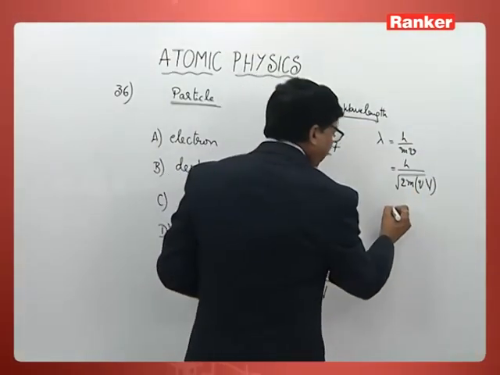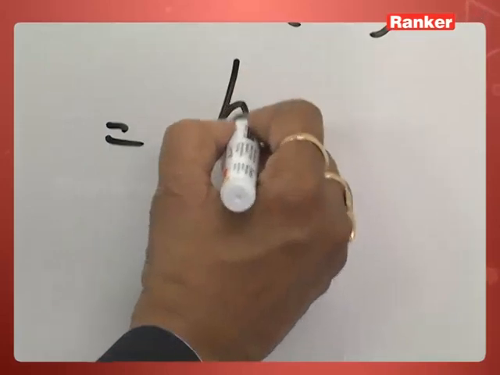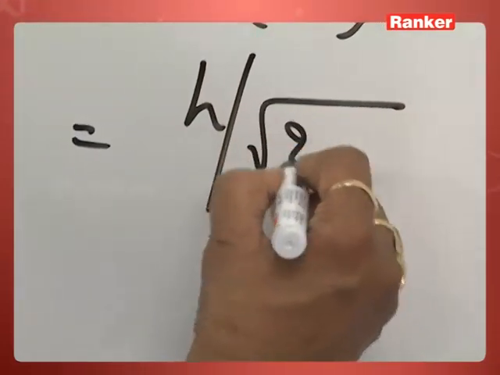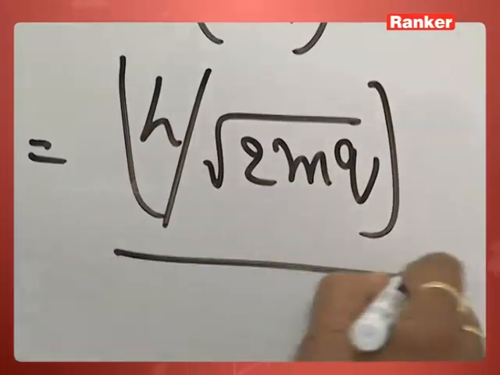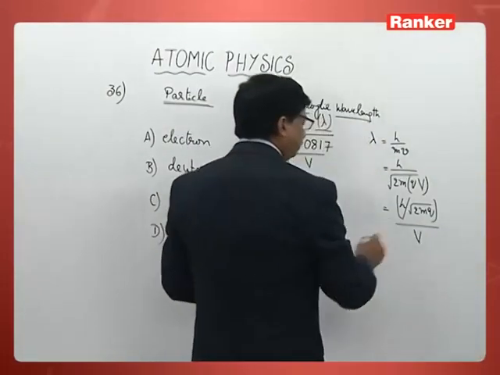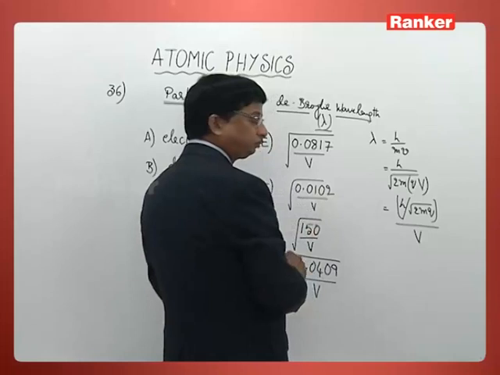So what is the other version of this? You look at h by root 2mq, whole divided by root V. That is actually the value.